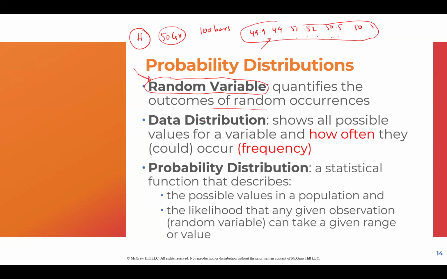You want to find out how many of them are 49.5, how many are 49. That's a frequency plot, a data distribution. These values, the random variable, are on the x-axis: 50 grams is here, 51 is here, 49.9 is here. Then how many among the 100 have these values?